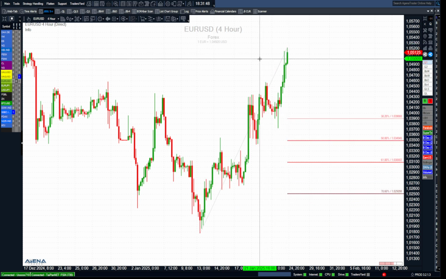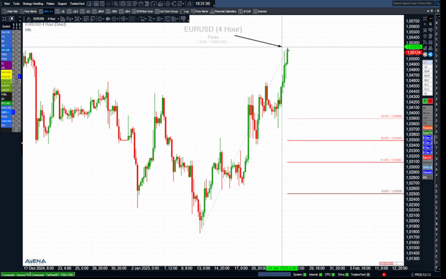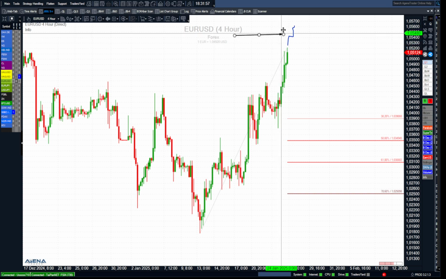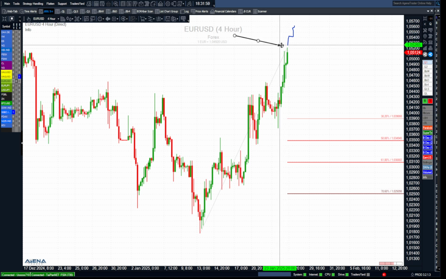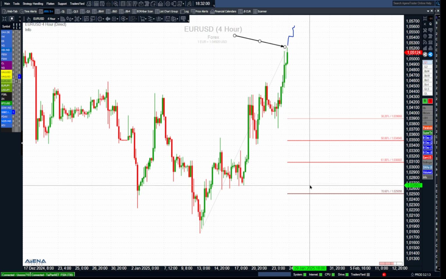We just think currently the market is here at that level. Of course, if the market is continuing, you have to redraw the Fibonacci at the given highest point. But currently, this is the highest point.